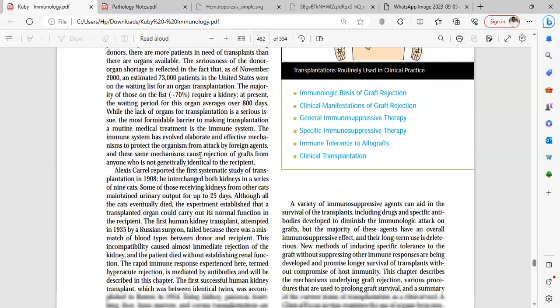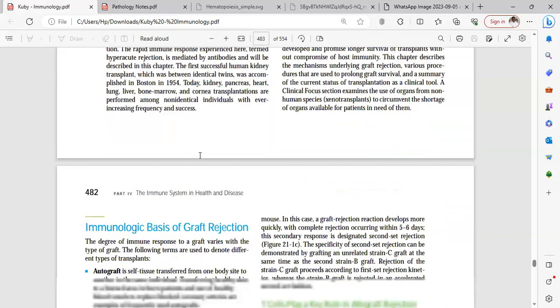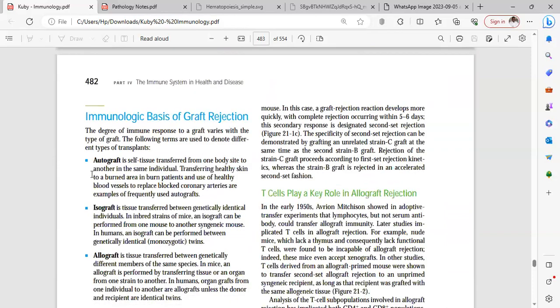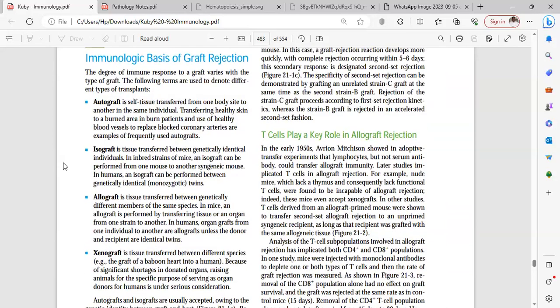So there are different terms that we need to know. We have an autograft, isograft, allograft, and a xenograft. Autograft is a cell or tissue transfer from one body site to another body site in the same individual. So let's say, God forbid, one gets an accident and some parts of your muscles get chopped off.